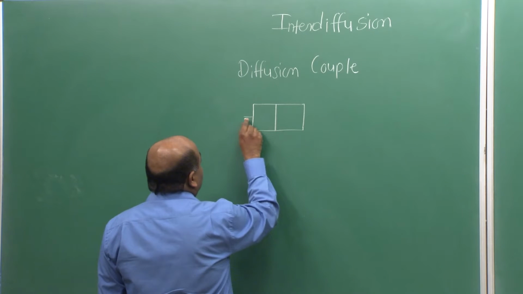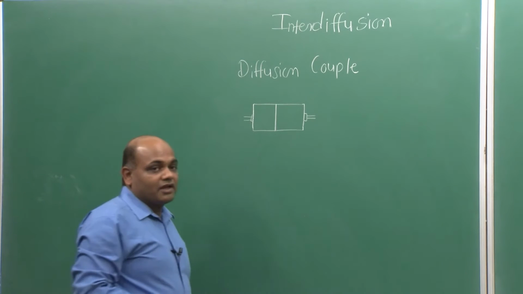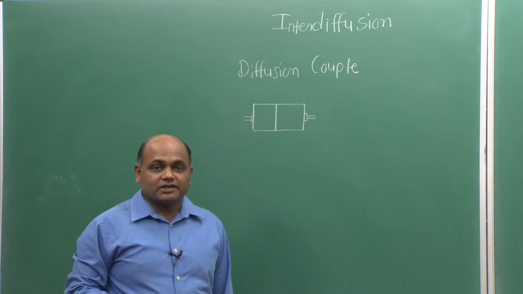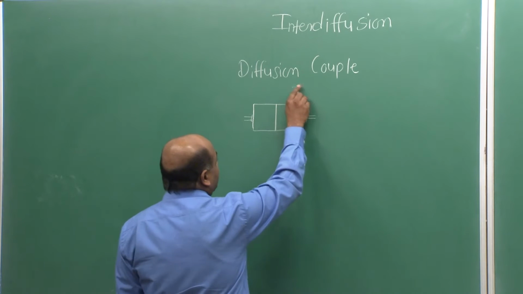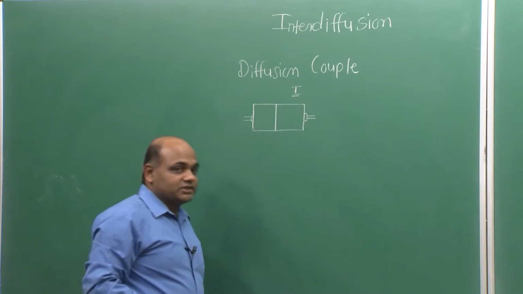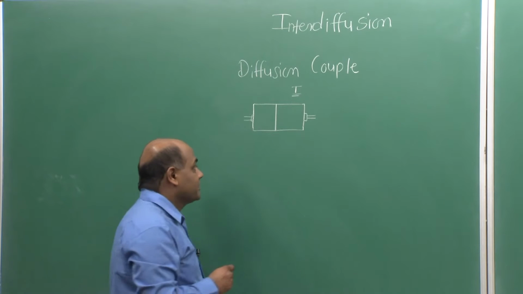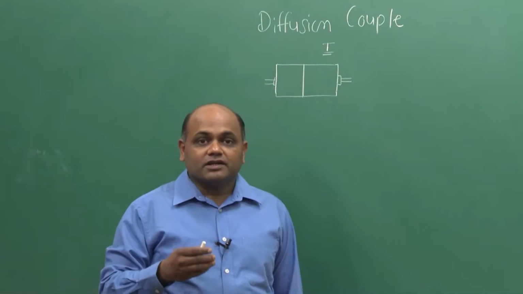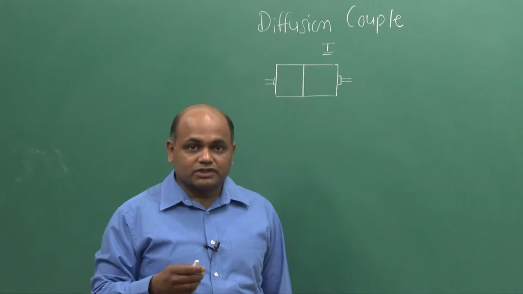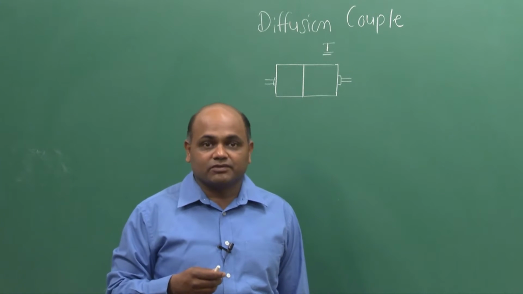They are held together by some kind of jig, and this assembly is isothermally annealed at some temperature T, at which we want to determine the interdiffusion coefficients. The annealing continues for the desired time, so that good enough diffusion zone is developed which can be analyzed for interdiffusion coefficients.